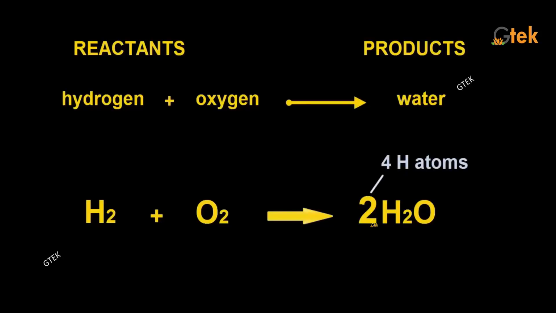So to balance this equation we need this hydrogen to be balanced by multiplying with 2 to make it 4 hydrogen here.